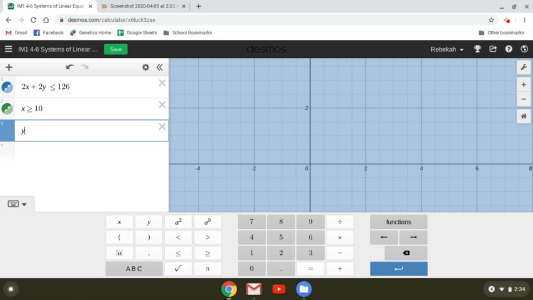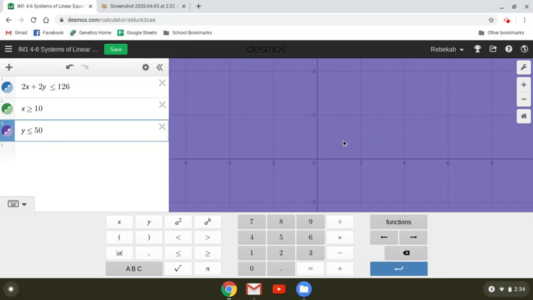And we said that y is less than or equal to, and if you type less than and then equal on your keyboard, it will actually switch it to that symbol when you put them together. So there's a helpful tip. Less than or equal to 50.